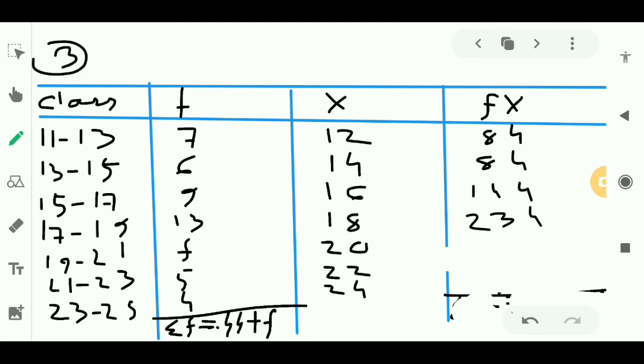Then 20 and f will be 20f only. 22 times 5 is 110. 24 times 4 is 96. So we have to add all these. First we add the numbers, and then 20f afterwards. When we add the numbers, we get 752 plus 20f.